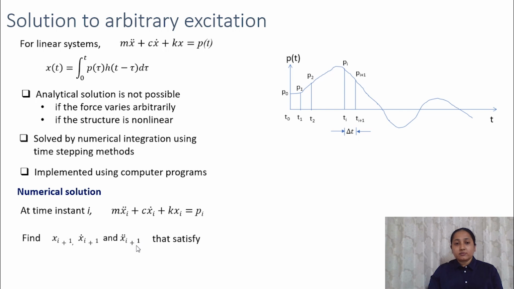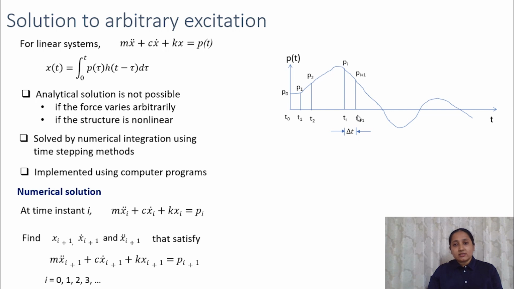To find the displacement, velocity and acceleration at the i plus 1 instant, we can solve the equation of motion at t equal to t_(i+1), that is m x double dot (i+1) plus c x dot (i+1) plus k x (i+1) is equal to P_(i+1). If we solve this, we get the displacement, velocity and acceleration at t equal to i plus 1.